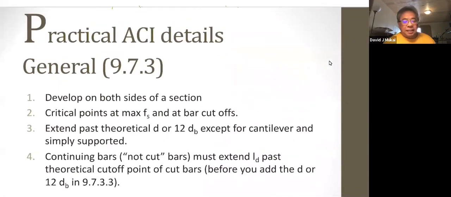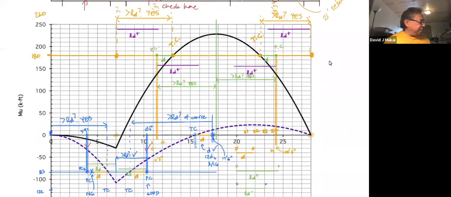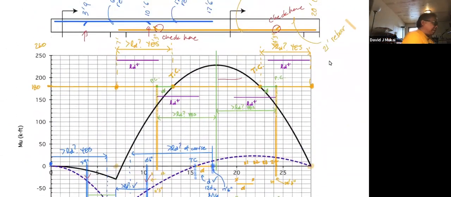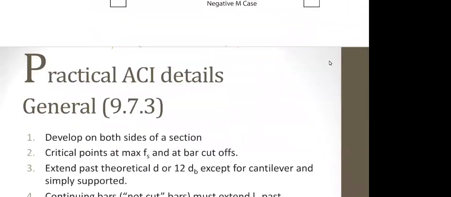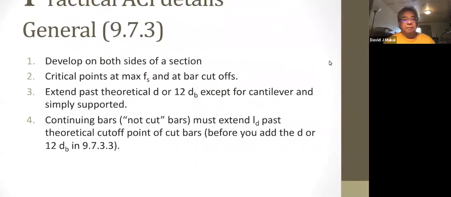So what I did is I took the slides we went over earlier, and I'll just walk through all these checks. Okay, number one, developed on both sides of the section. What that means is, did we check development length this way and that way, to the left and to the right? We did that everywhere, right? We checked the development length on the left side and on the right side. It's just basically saying, make sure you check both sides.